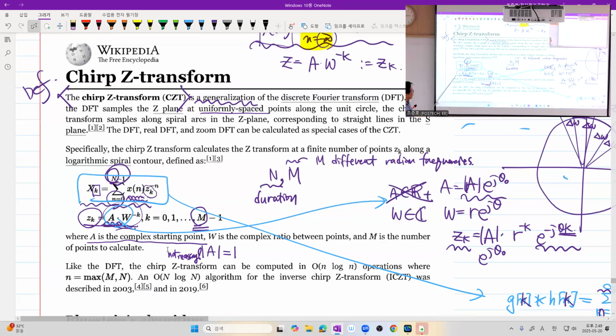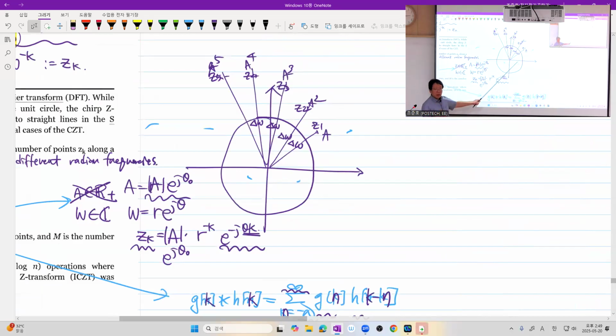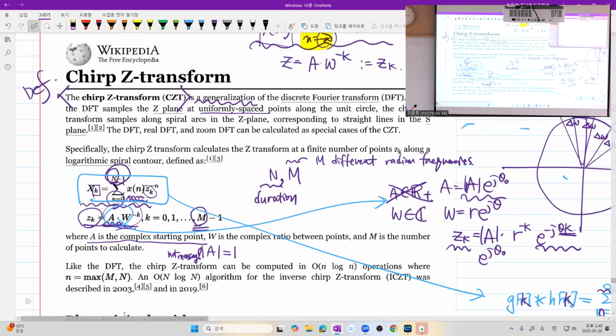As I told you, z sub k, the different points on the z plane on which the z transform is evaluated, are not necessarily on the unit circle. The commonality is that they are uniformly equally spaced, but the magnitude may be exponentially increasing or decreasing. Got it? So in this sense, this is a more general version of the chirp transform algorithm.